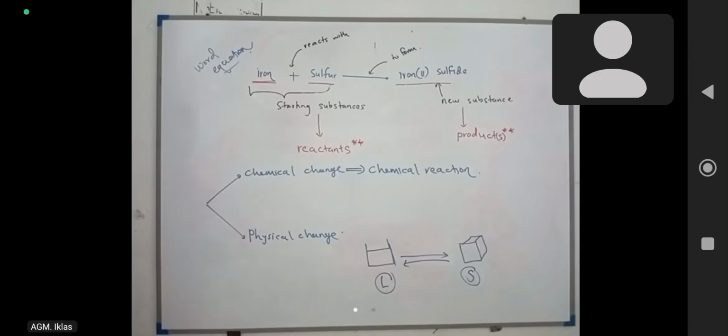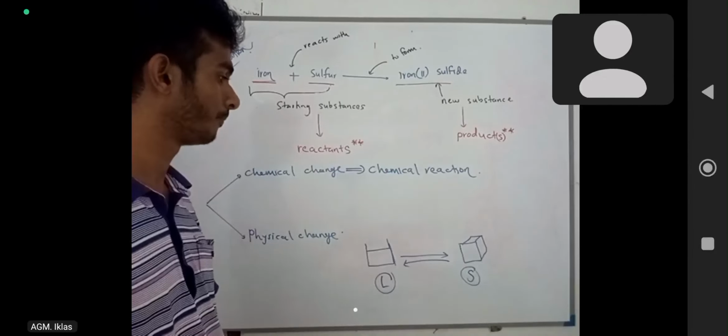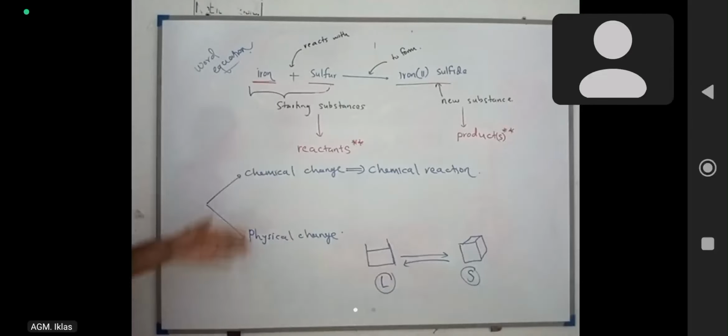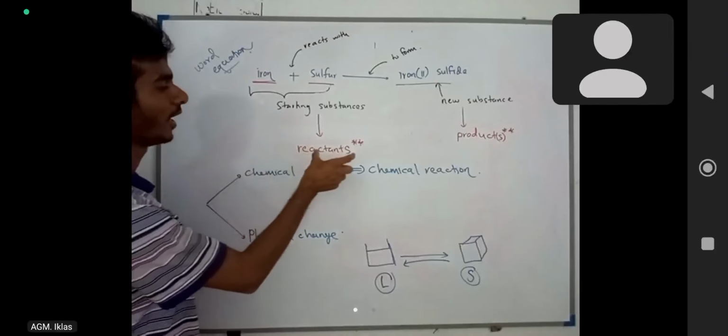So there are two kinds of changes: chemical change and physical change. I just have to write like this, short notes. If I want to give notes, I can say changes are categorized as follows.